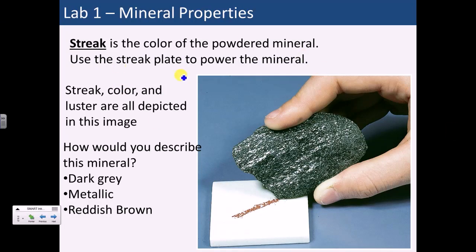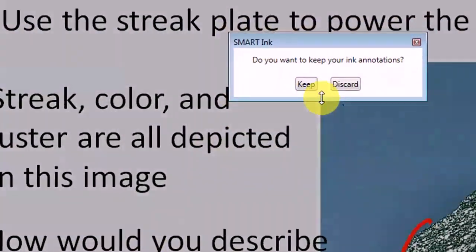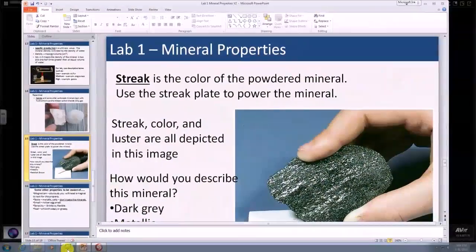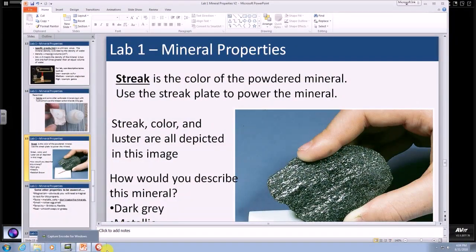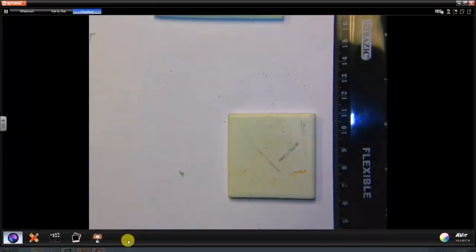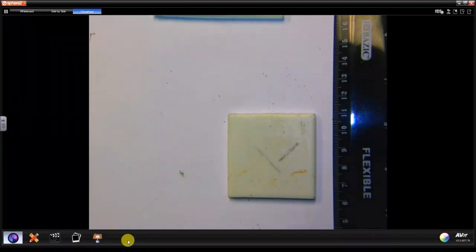And if we take a look at our picture here, we can see the mineral on the right is being rubbed onto the streak plate, and this little powdered patch is what we're interested in creating for some of our samples. For many samples that are soft and light colored, this patch is just going to be powdered white stuff.